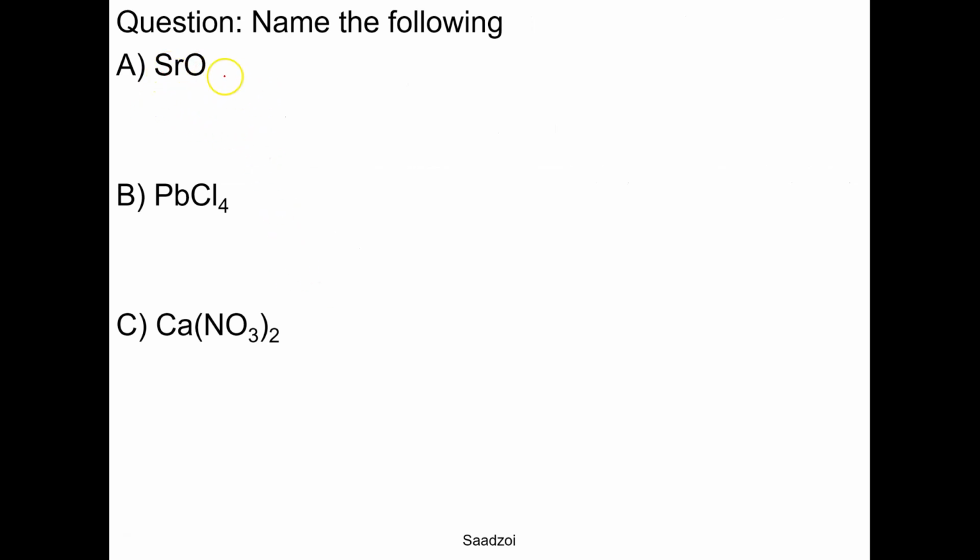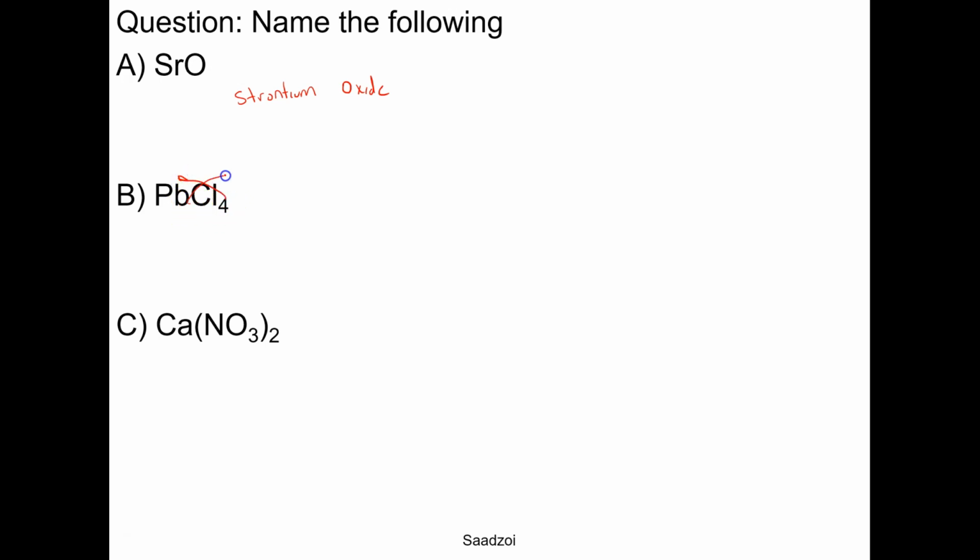All right, SrO, group 2, so strontium oxide. Pretty easy. Next one, PbCl4. It's not group 1, 2, or 13, and it's not ZAC, so I do need to figure out the Roman numeral. So how do I figure this out? You uncrisscross.